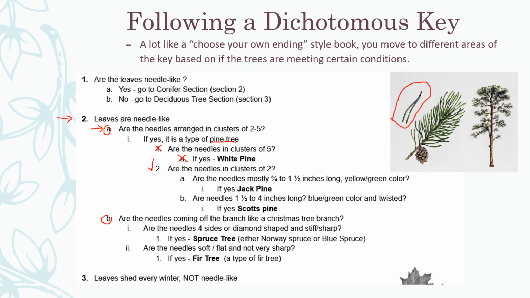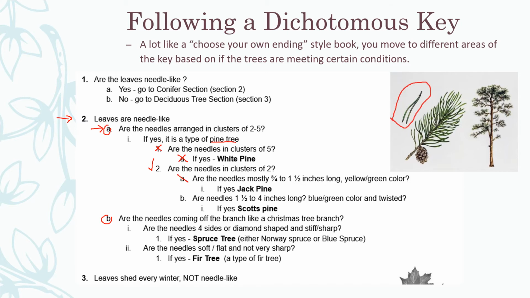All right, so then we're going to go further into deeper questions. Are these needles mostly 3/4 to 1.5 inches long and a yellow-green color? Or are these needles 1.5 to 4 inches long with a blue-green color and twisted? So I'm going to look at mine and I'm going to determine they're about 3 inches long and they are a blue-green color.